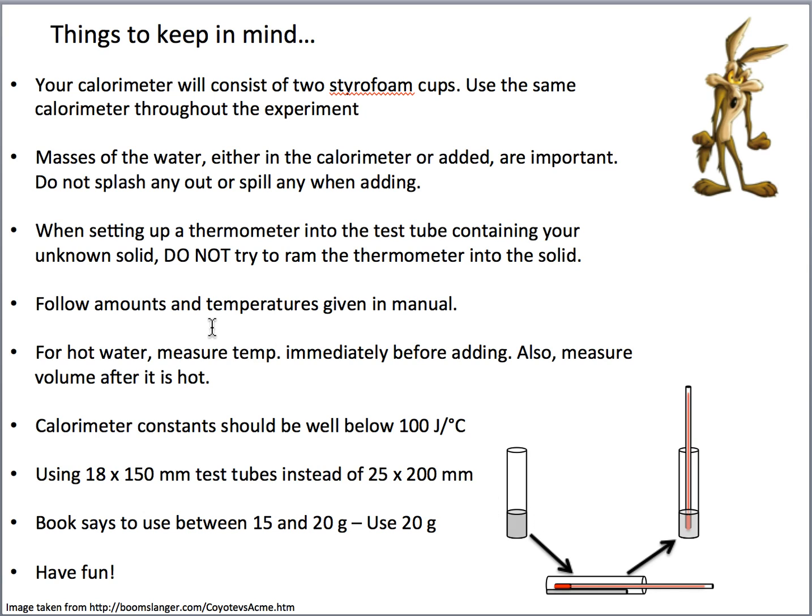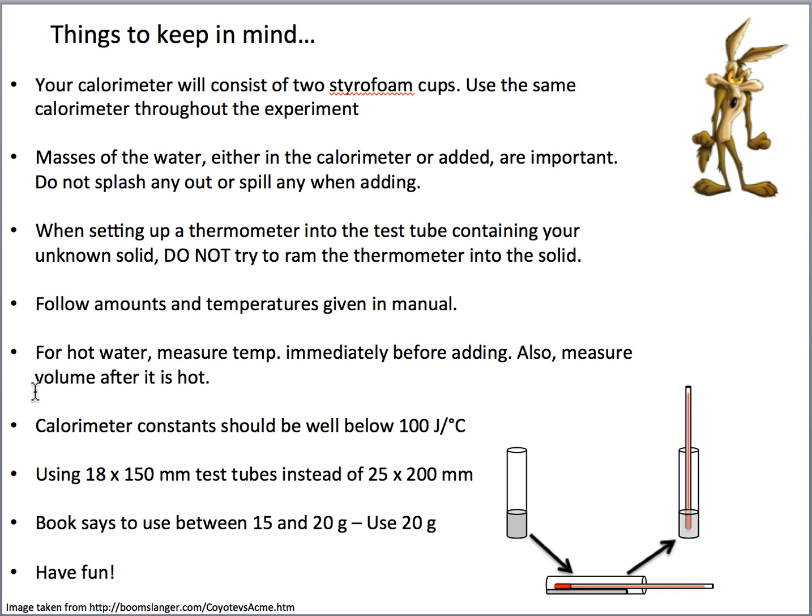It is very important that you follow the amounts and temperatures given in the manual. Failure to do so can result in bad data. For the hot water, and this is probably the biggest problem that you can have in this experiment when determining your calorimeter constant: when you've heated up your hot water and you're ready to add it into your calorimeter that has the cool water in there, you're told that you need to have a specific amount, let's say it's 50 mils, and at a specific temperature.